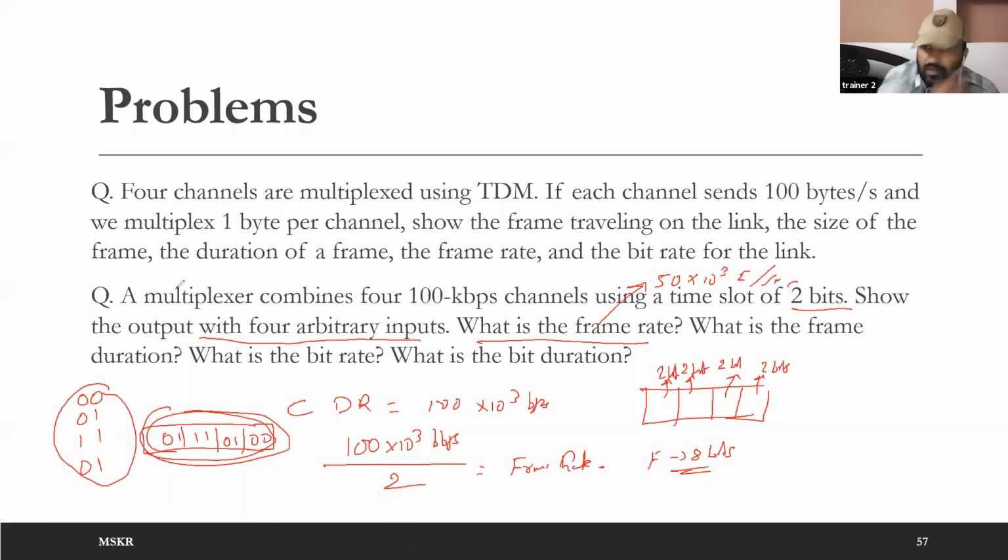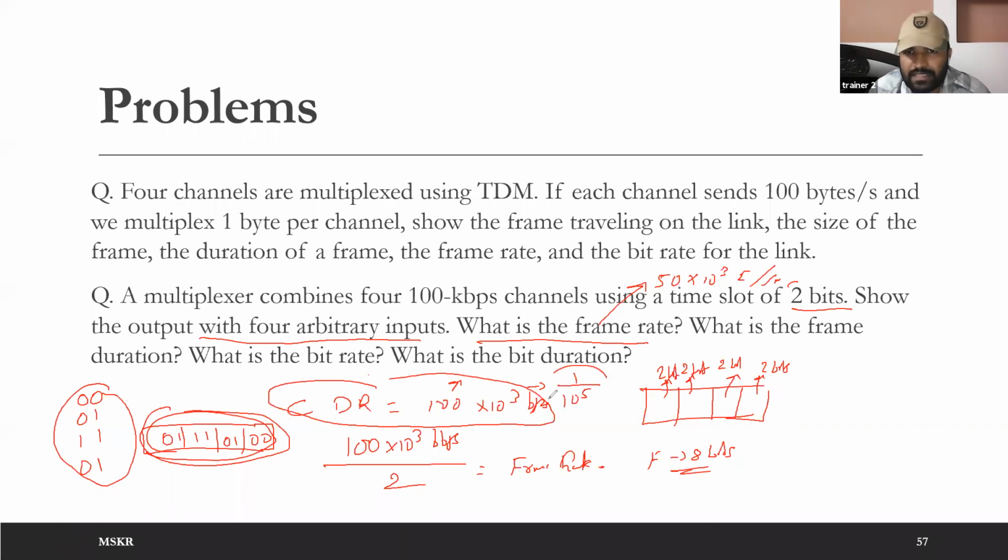Okay. Now, what is the frame duration? The frame duration will be the same as the 2-bit duration of each individual user. So if you are sending 100 into 10 power 3 bits per second, that means each bit lasts 1 by 10 power 5 seconds.